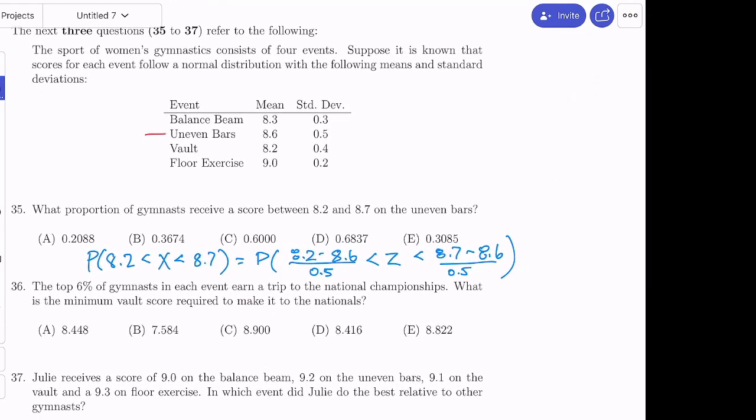Gonna just move these over. From negative 0.8 to 0.2.